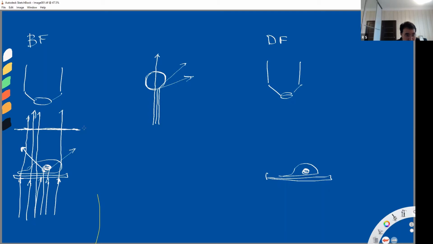If you think about it as the plane and look at it from the top, you will see something like this. Because you don't have light coming from this place, you will see darker. But generally, everything else will be bright.